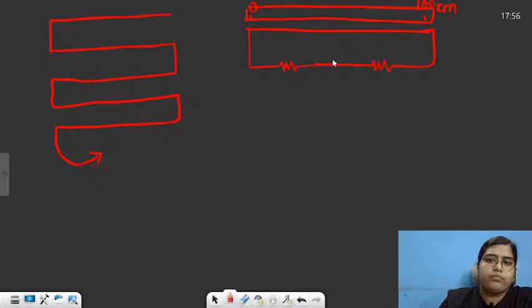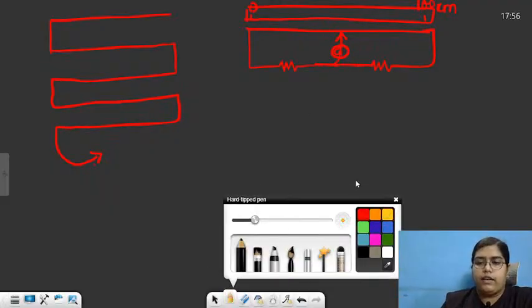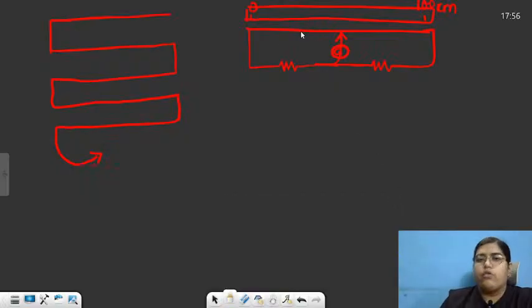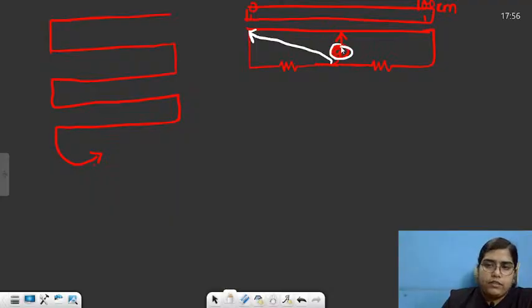What you do is you have a stylus in between, and this stylus is connected with a galvanometer. So we start moving this stylus from this zero level, and the galvanometer connected in this stylus will stop at the point at which the deflection in the galvanometer becomes zero.